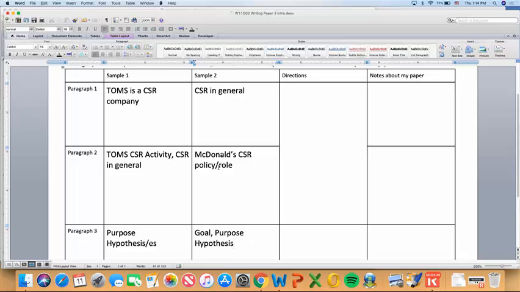They are similar in talking about CSR. Yeah, so they both talk about CSR in general. What else? They give examples. Yeah, they talk about their specific examples. So basically they follow the same directions. They just switched. You can do that. It doesn't matter.